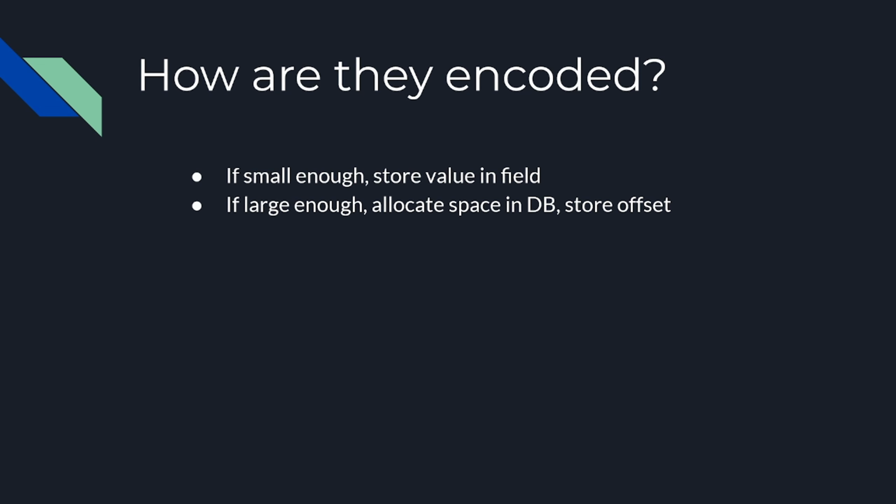It will simply allocate space in the DB, store the data at that allocated space, and then in the field itself, store an offset to that data, so it can look at the field, see that there's an offset, and look at the offset to get the original data. But in all encoding types, it will always mark specific bits to signify the type. That way, when it's trying to actually look at the field, it can look at those bits to see what data type it is.